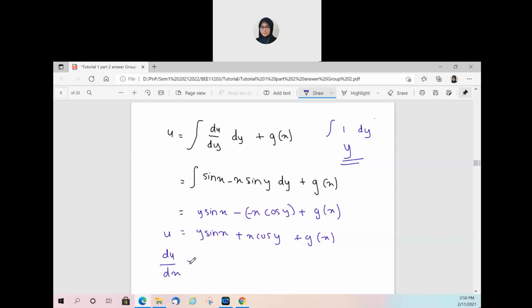So you differentiate this equation terhadap x. You differentiate y sin x with respect to x, apa you dapat?